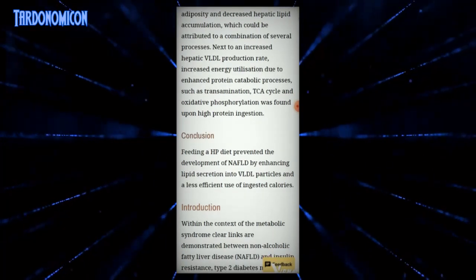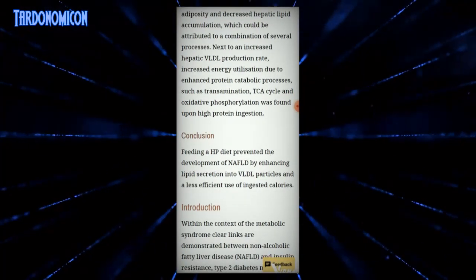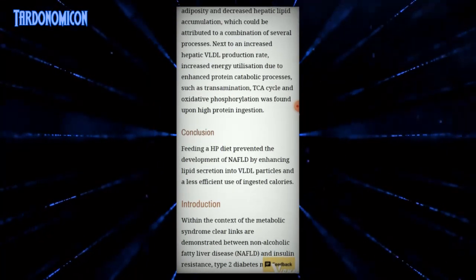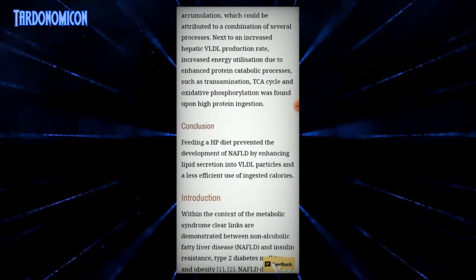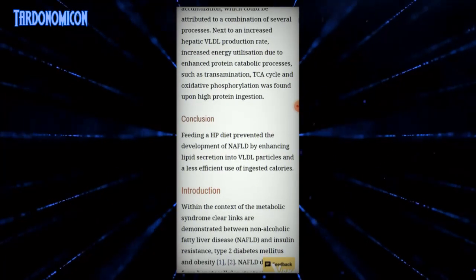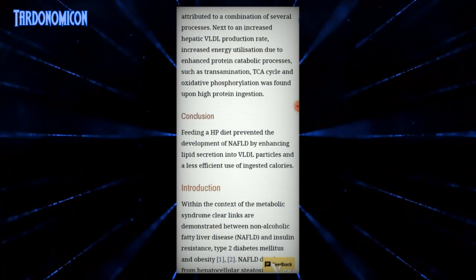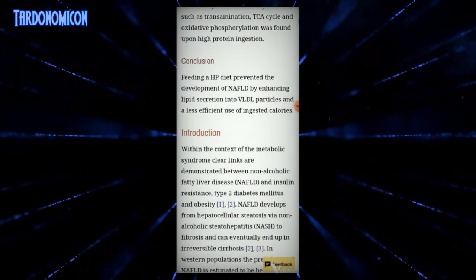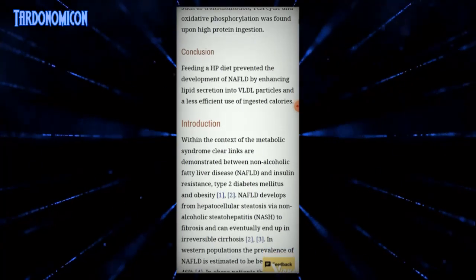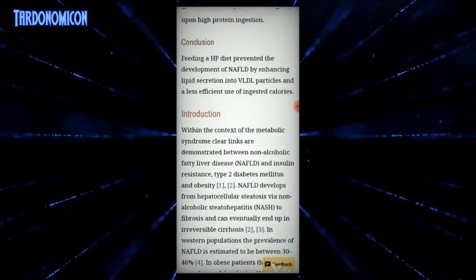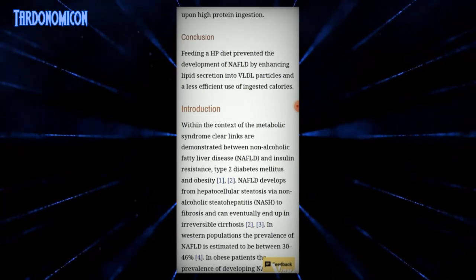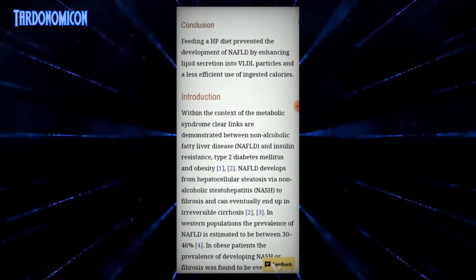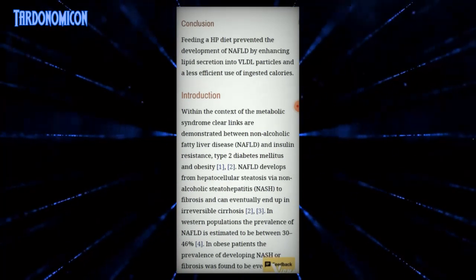Increased energy utilization due to enhanced protein catabolic processes such as transamination, TCA cycle, and oxidative phosphorylation was found upon high protein ingestion. Conclusion: feeding a high protein diet prevented the development of non-alcoholic fatty liver disease by enhancing lipid secretion into VLDL particles and less efficient use of ingested calories.